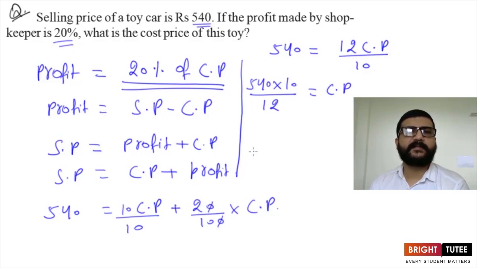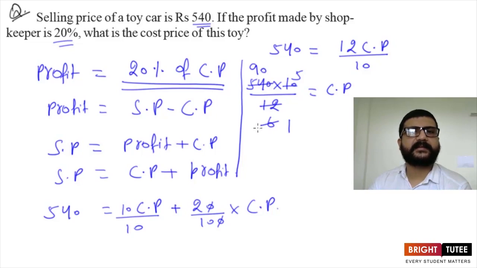Now we just have to simplify this. We can cancel 10 and 12 with 2. 2 5s are 10 and 2 6s are 12. Now 6 1s are 6. 6 9s are 54 and then there is 1 zero. So this is 90 here.